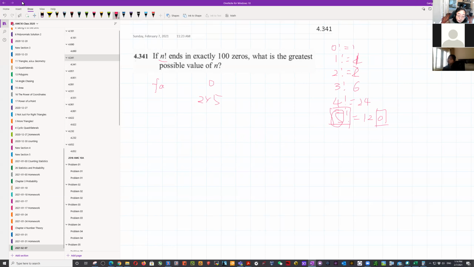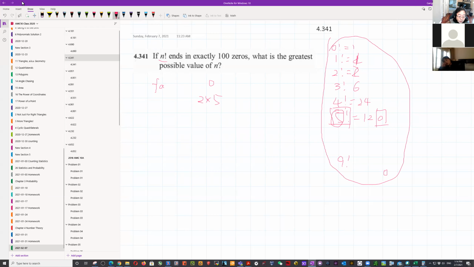The scarce resource is the factor of 5. And a factor of 5 is only available when you hit 5 or a multiple of 5. For example, even when you hit 9 factorial, it's still going to have just one 0, because all the middle factors wouldn't add another 5.